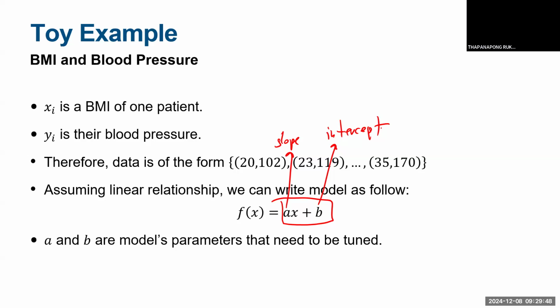So for the SSR that we have, we want to find the minimum over A and B of SSR. And we will see later how we can reach the minimum.